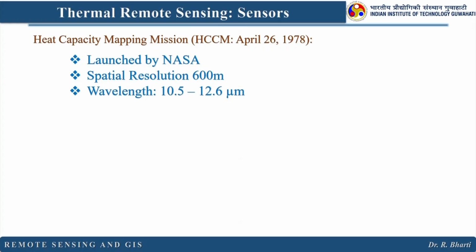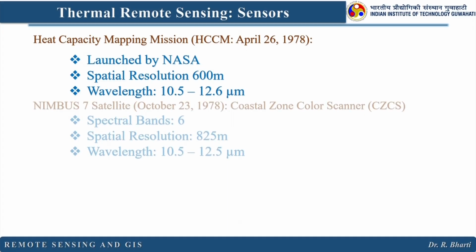Now, there are different sensors available in thermal remote sensing. I am going to list a very limited number. The first one is the Heat Capacity Mapping Mission, launched in 1978, right? Then the Nimbus 7 satellite, again in 1978.